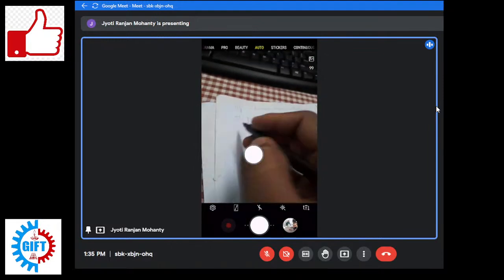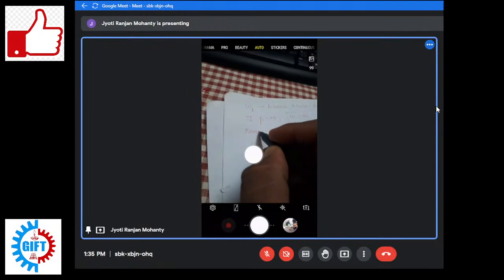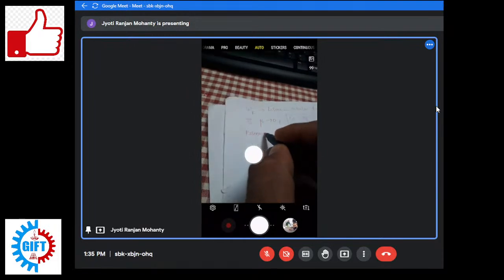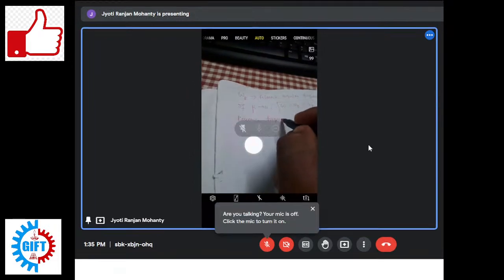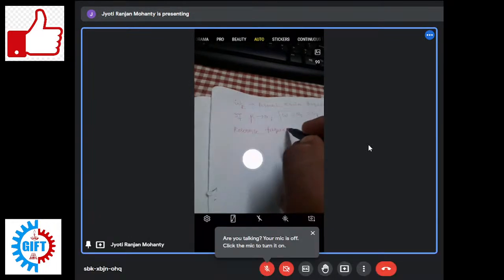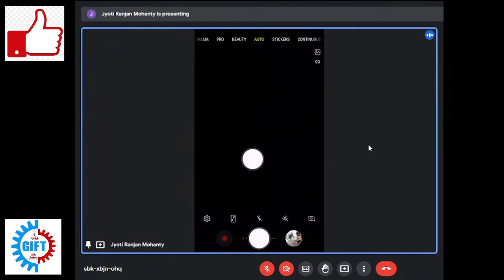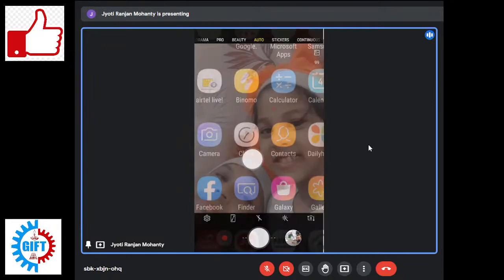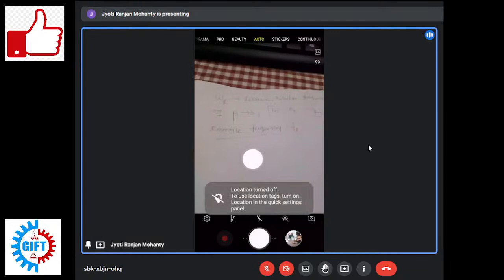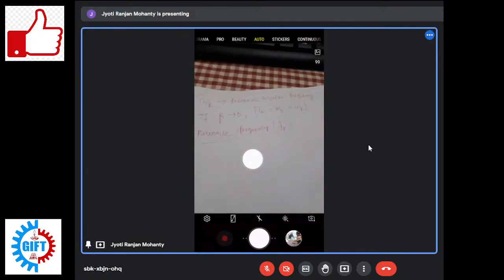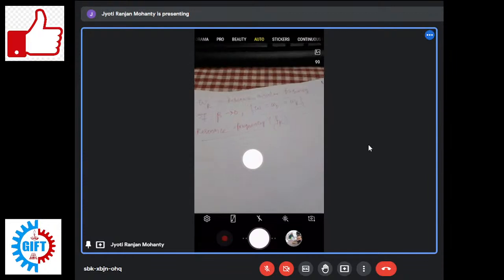Resonance frequency. What is resonance frequency? Sometimes the question asks to define it. Resonance frequency means Fr. Remember one thing, when there is no angular term used, you understand that it is linear frequency.